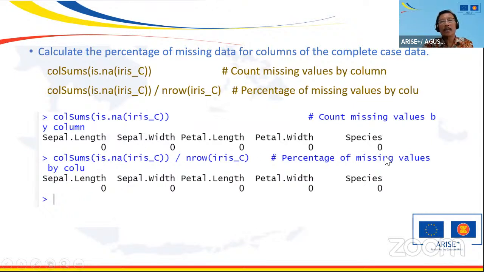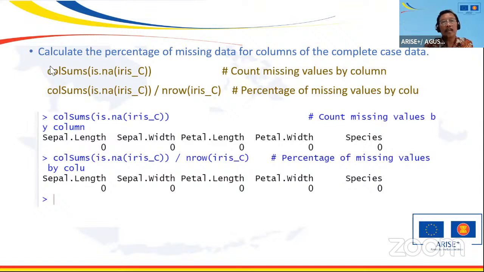Why is this 0, or predicting 0? Because we use the original data set. It's not mentioned here. Of the complete case, here. If you use the complete case, remember the complete case is the data frame where we already removed the NA.